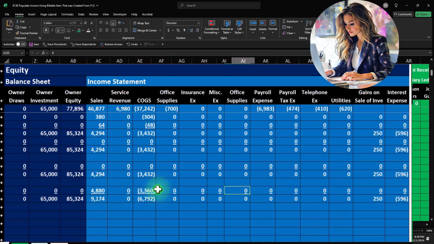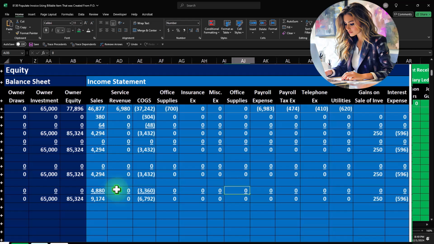So when I say something's billable and I don't have the item in it, which is usually the thing that drives those items, we have to double check those three things that are populating properly. Because normally if I pull it into the billable item, it should be pulling over not the cost of the inventory, but rather the sales price of the inventory, and it should be able to link to the subsidiary ledger tracking the inventory by unit, not just by price.